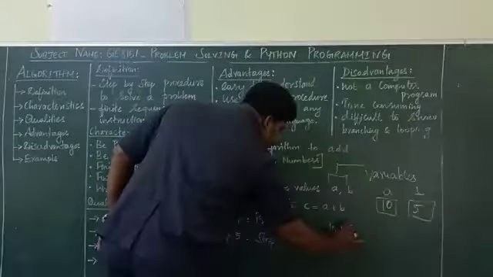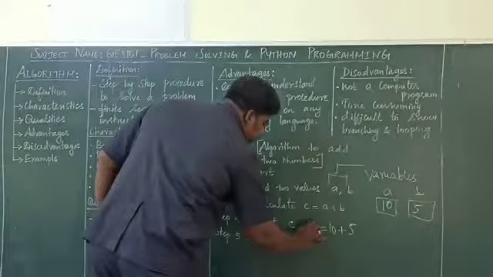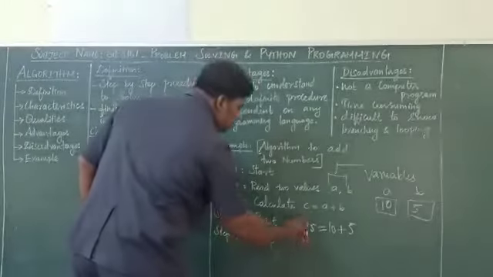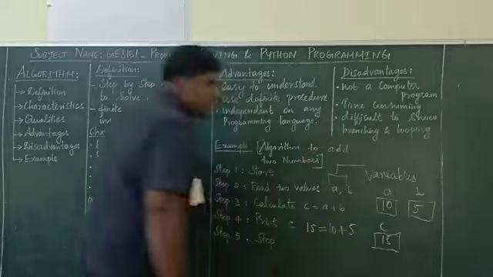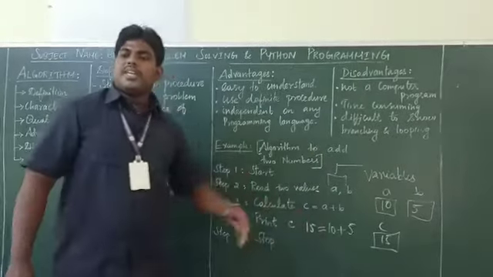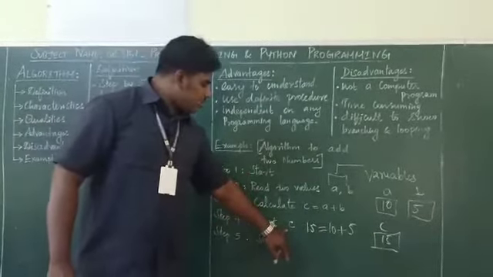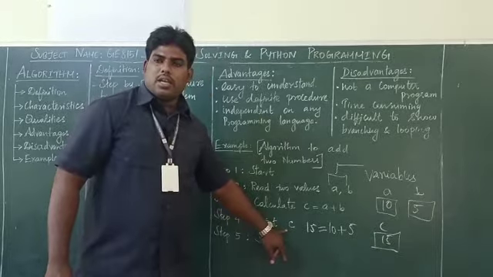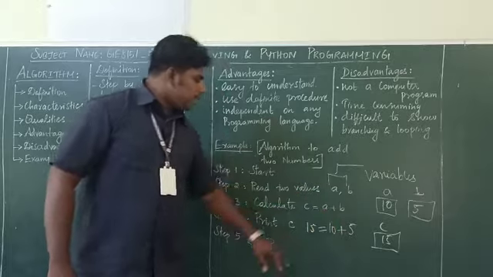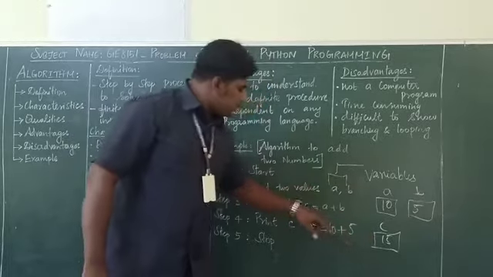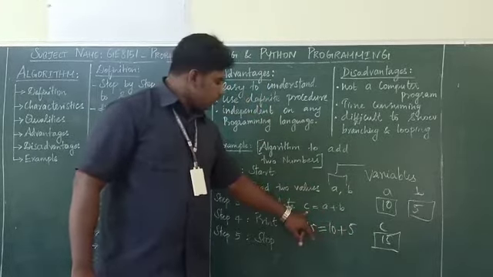What's the value of B? 5. What's the answer? 15. For storing this answer 15, we need another variable. That's why I put C here. All of you understood why I used C here? C equal to A plus B. The answer 15 will be stored inside C.